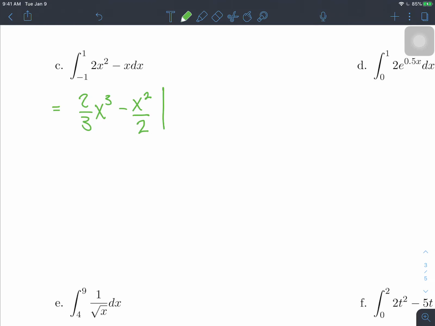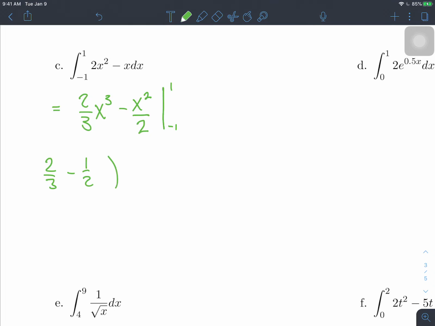And we're just going to evaluate this at -1 and 1, which means we're going to first plug in the top number, and then plug in the bottom number, and subtract those two things. So 2x cubed over 3, when we plug in 1, we get just 2/3 minus 1/2.